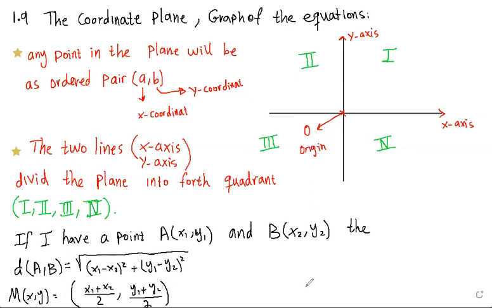So let me give you an example. But for the distance, if it's x2 minus x1 or x1 minus x2, it's the same thing. If I start from here, it's x1 minus x2 squared plus y1 minus y2 squared. Or if I want to start from this point, x2 minus x1 squared plus y2 minus y1 squared.